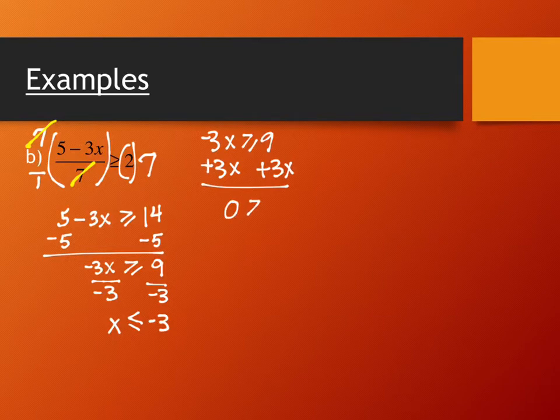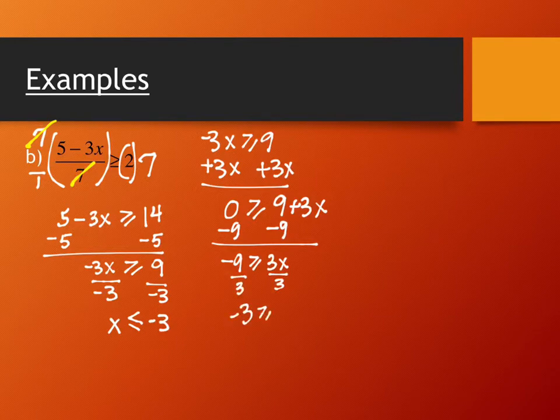So now I'd have 0 is greater than or equal to 9 plus 3x. It's no longer negative. I can subtract 9. So now I have negative 9 is greater than or equal to 3x. And I can divide by 3. And I have negative 3 is greater than or equal to x. But if negative 3 is greater than x, then x is less than 3.